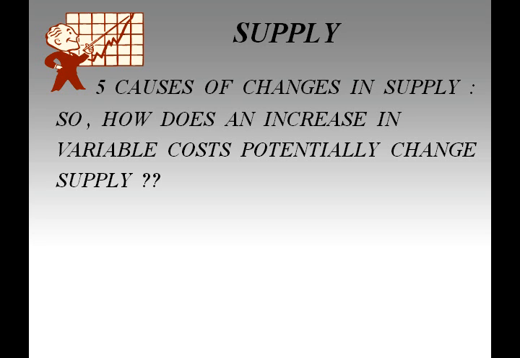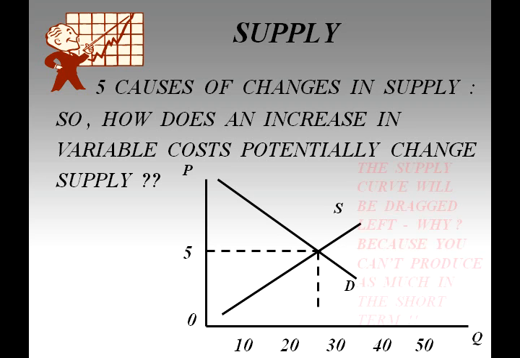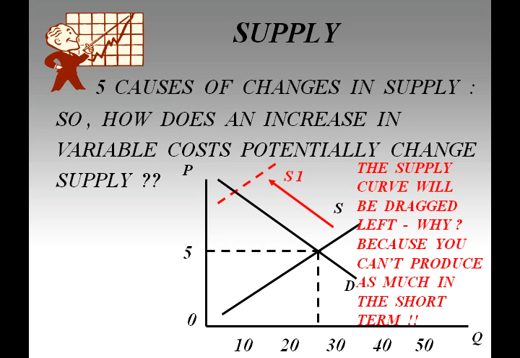So let's take a look at the classic supply and demand graph and show how this is illustrated. And here we have a graph that we've included both the demand and the supply curves. Now, because I'm going to have to pay more for my supplies and therefore not be able to manufacture as much of my product as I had before, in the short term, I will ship less out to be sold.